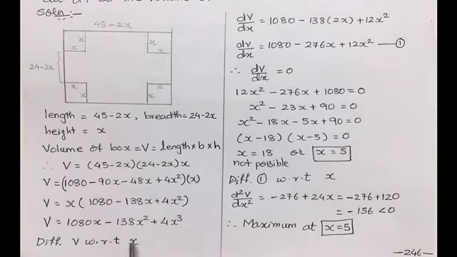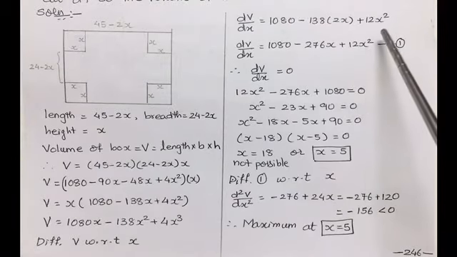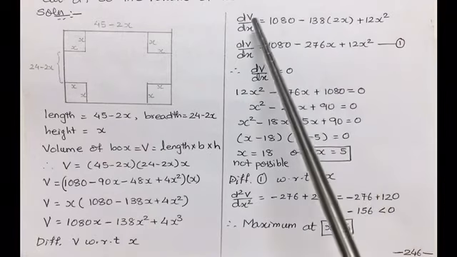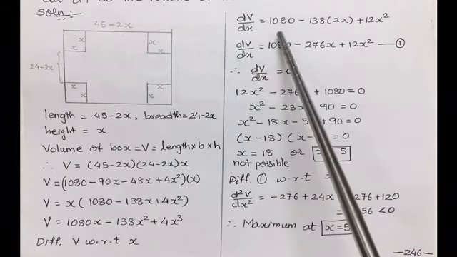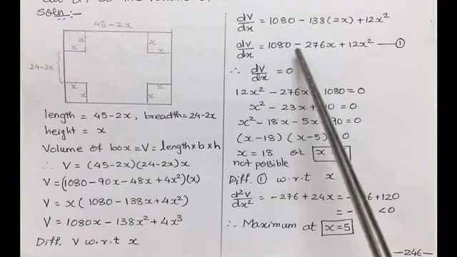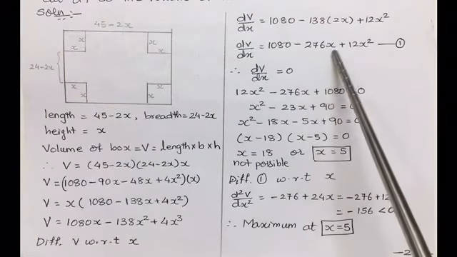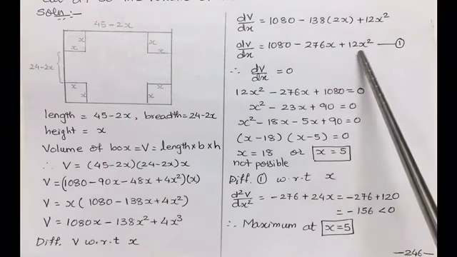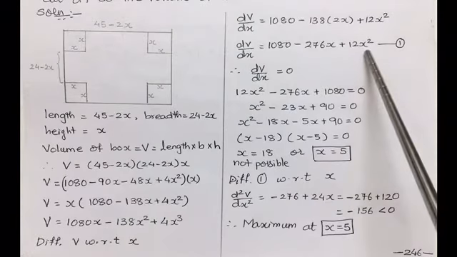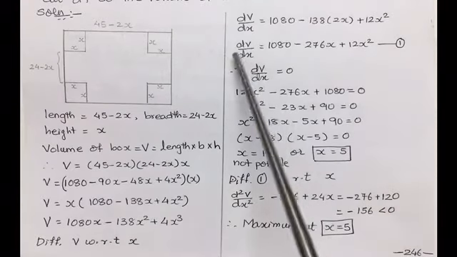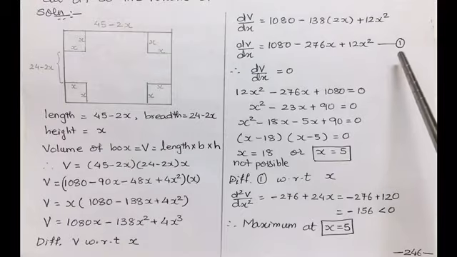Now to maximize it, we need to go for the first derivative, that is differentiating V with respect to x. Differentiating it, we get dV by dx is equal to 1080 minus 276x plus 12x square. We'll mark this statement as 1.